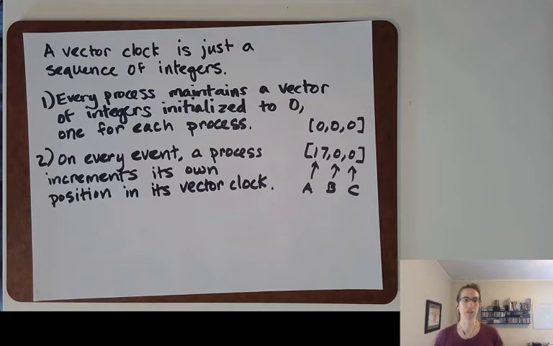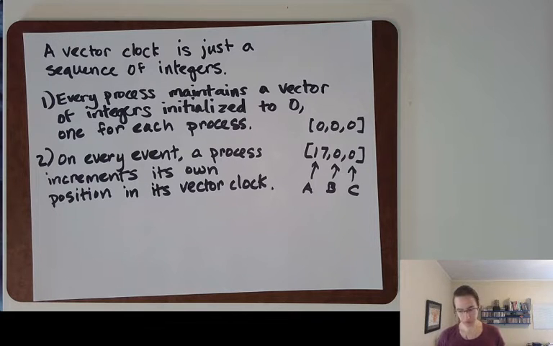Vector clocks only work if you have this fixed, ahead-of-time knowledge of how many processes there are in the system. That's in fact one reason why tracking causality with vector clocks can be problematic and why some systems choose not to do it, or they might choose to do it only with some subset of the nodes. But we'll see that this technique turns out to be pretty generally useful despite its drawbacks.